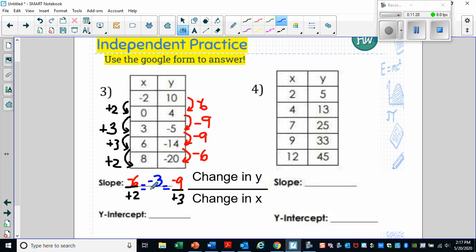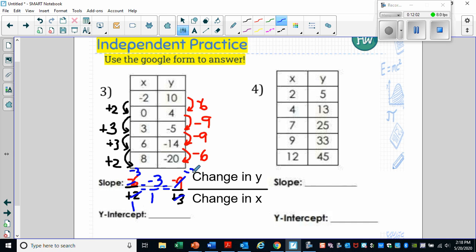So you could say -3 over 1, but since 1 is the denominator, we can just, in the end, -6 over +2, or -9 over +3 is the same as -3 over 1, because in this case -6 and +2 are both divisible by 2, so you're left with -3 over +1, and then -9 and +3 are both divisible by 3.